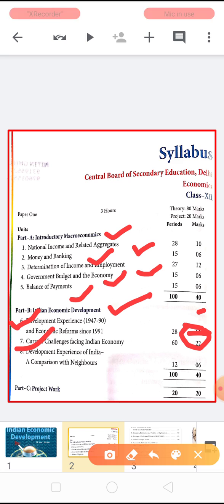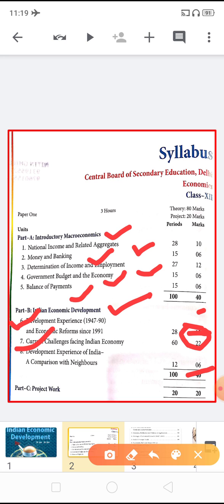Under this second unit, you are going to learn 6 chapters of the Indian economy. And the last unit is development experiences of India, which is basically a comparison with the neighbor countries. This unit contains a weightage of 6 marks. Therefore, the weightage of Indian Economic Development is again 40 marks.